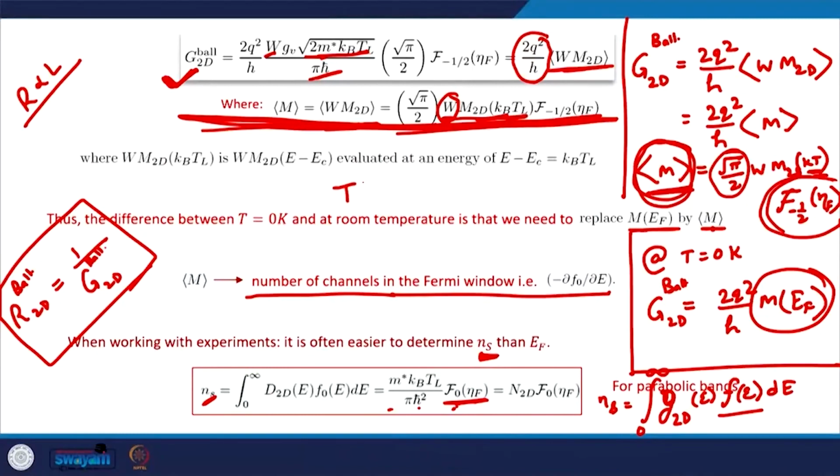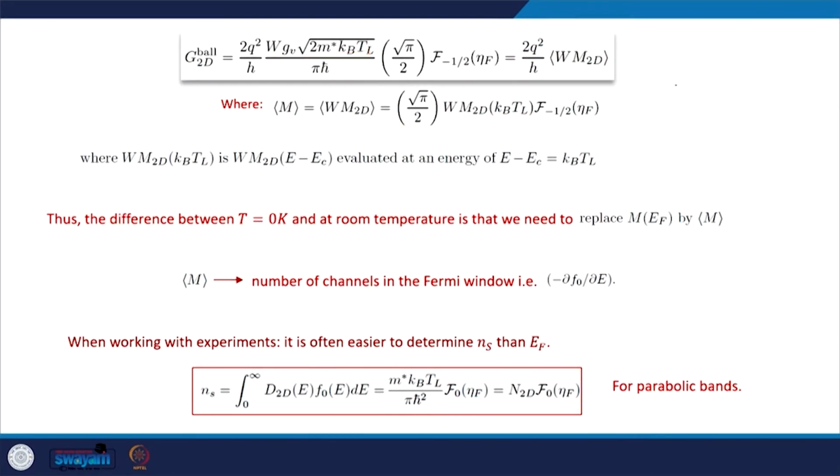Now, the next topic that we will begin with, we will quickly calculate the conductance and resistance of a diffusive conductor. The calculation is pretty similar to what we did for the ballistic conductor case. In that case, in addition to everything else, we would also have this transmission coefficient.